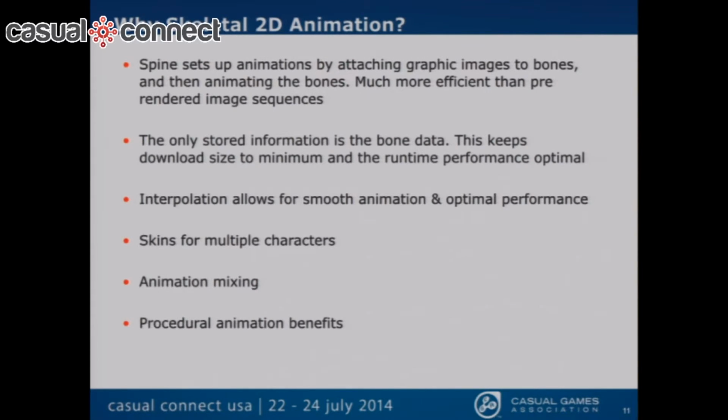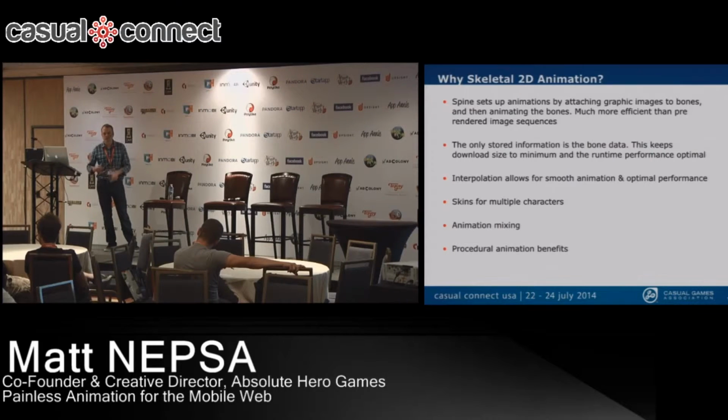There's animation mixing, and this is something that's not really possible to do with sprite rendering. Say you've got a puppy running, it jumps midair and the player decides to do something like roll in the middle of it, it'll render a tween between the 2 animation sequences, and it looks seamless, unlike image sequences where you're either going to have to speed it way up and it's going to look funny, or you're going to have to pop from one to the next and it's going to look funny.